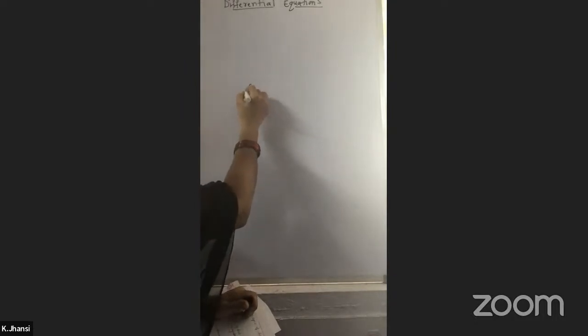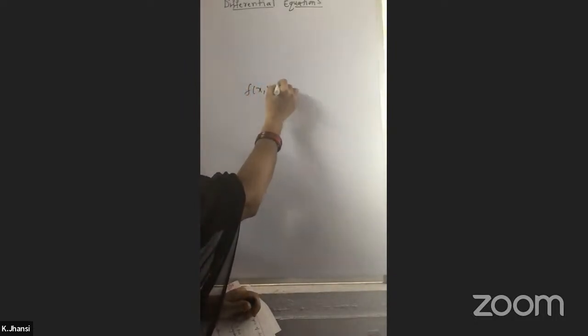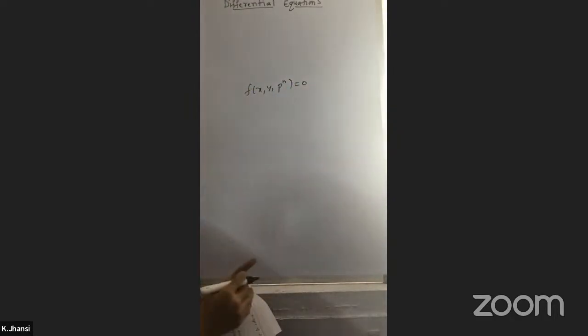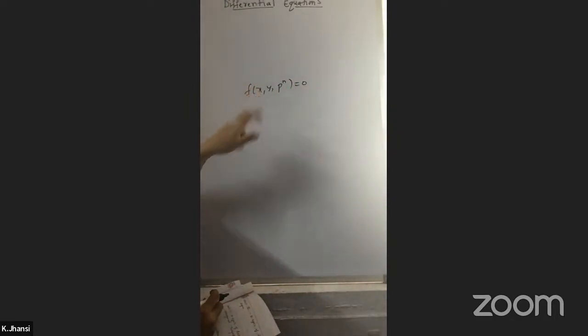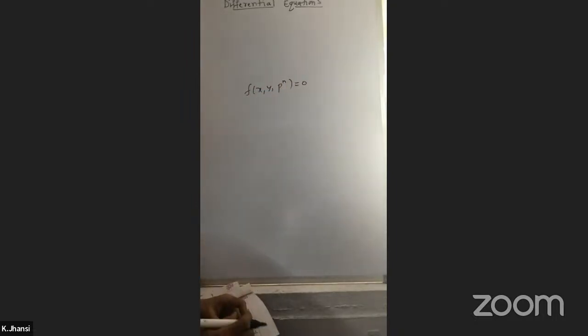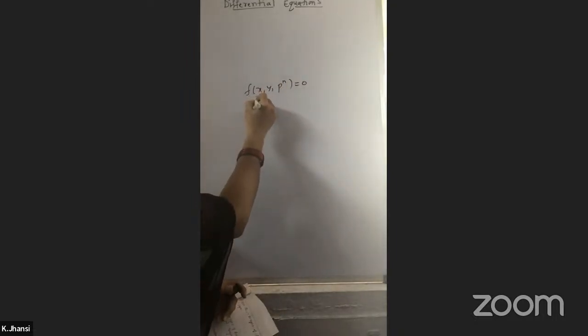In unit 7, the definition of a differential equation of first order and degree higher than 1 is an equation of the form f(x, y, p^n) = 0, where x is the independent variable.